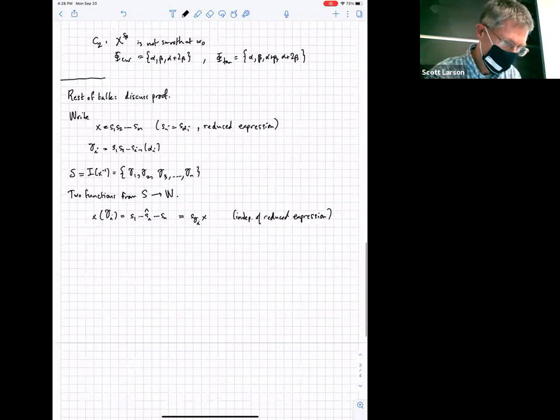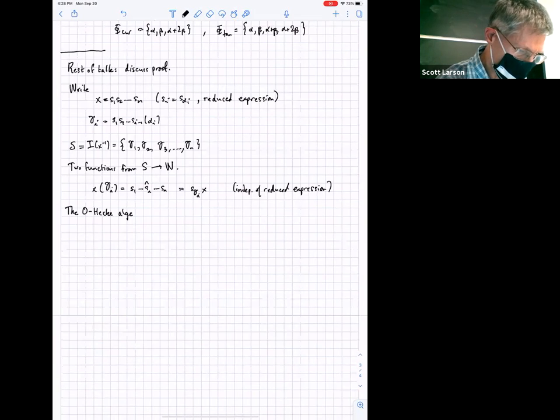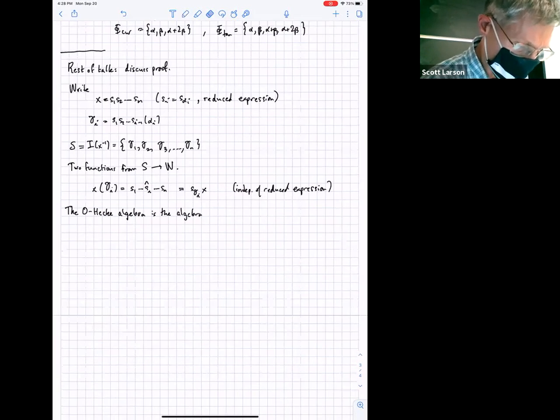The second function I have to consider is a little bit more complicated to define. So I want to define an algebra, which is called the zero Hecke algebra. It is the algebra over some field, whatever field I want.